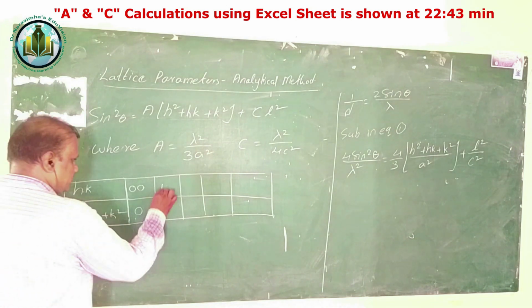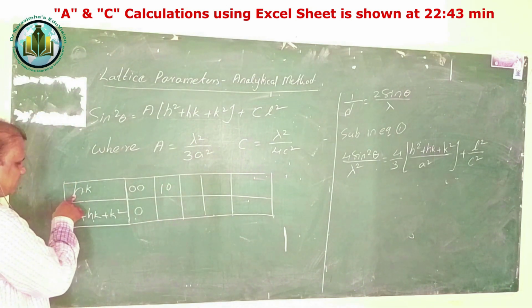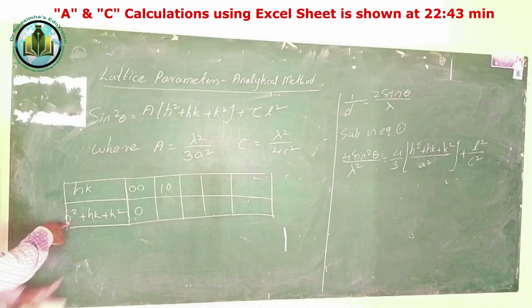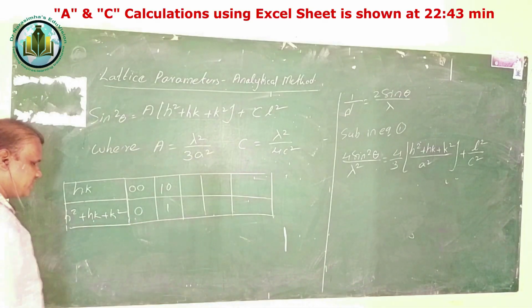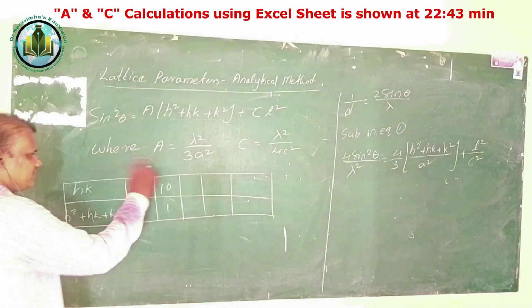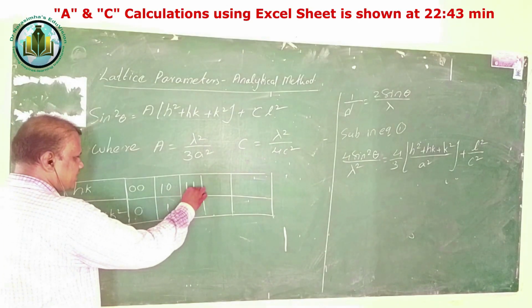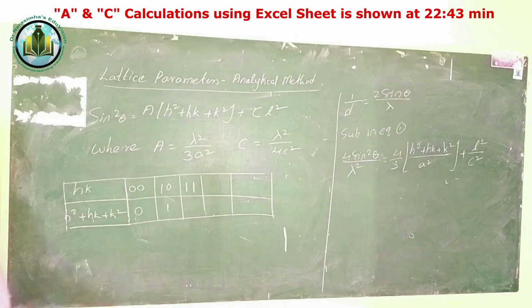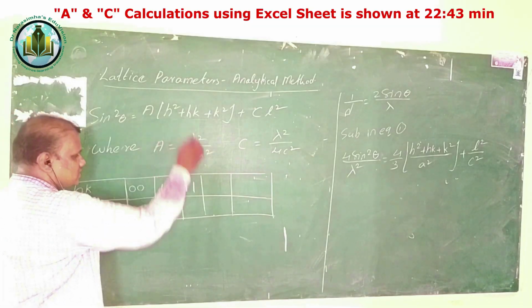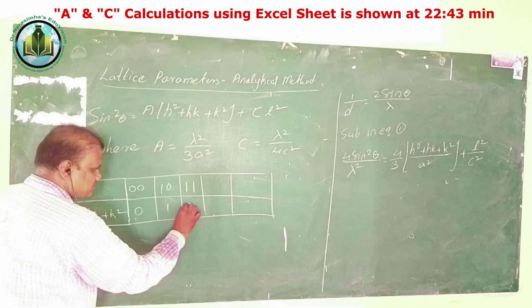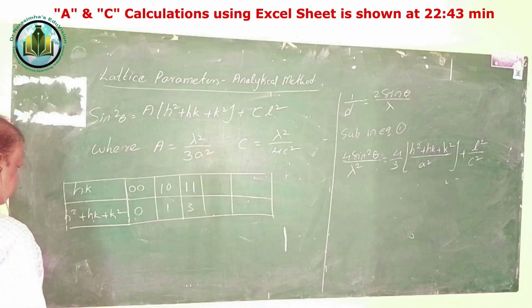Similarly, if I take 1, 0, that is h equal to 1 and the remaining 0, I get 1. If I take the combination h equal to 1 and k equal to 1, this combination value becomes equal to 3.